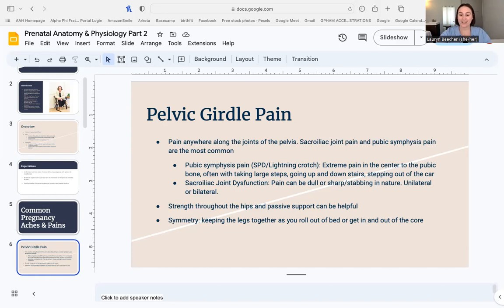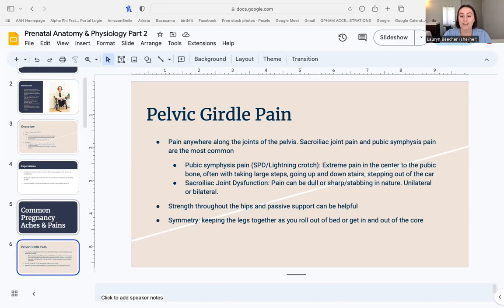And just like in the front, all of those ligaments become a little bit more lax and a bit more mobile. So if someone doesn't have particularly strong glutes, then that joint tends to be more on the mobile side. And that extra mobility can cause a little bit of a sharp or a stabbing pain.